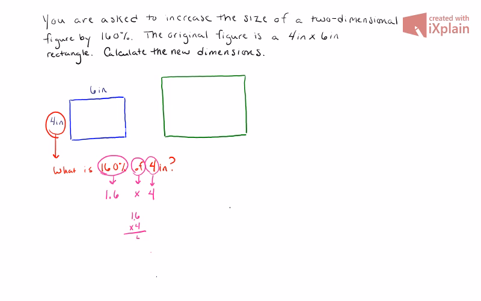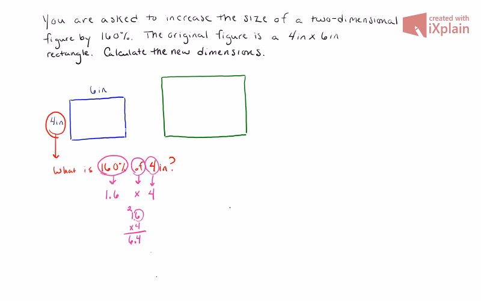So let's do the work here. 6 times 4 is 24. We're going to carry that 2 to the 1's place in that 1.6. Then we do 4 times 1, which is 4, plus that 2, which gives us 6. And we do have one digit after the decimal place, so I'm going to move my decimal place in one position.